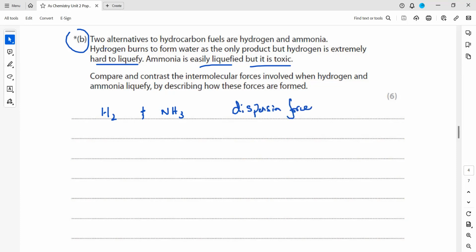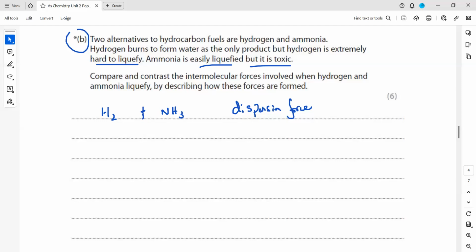That is the first point. We have to compare and contrast the intermolecular forces involved when we liquefy them. So both have a London dispersion force. That is the first thing.